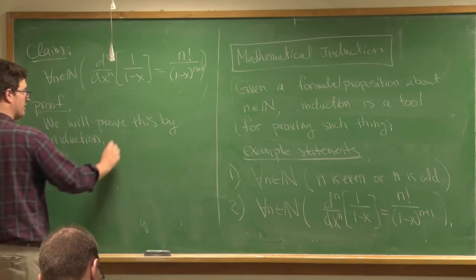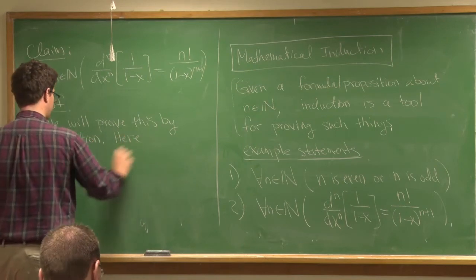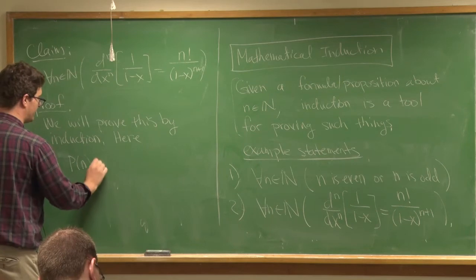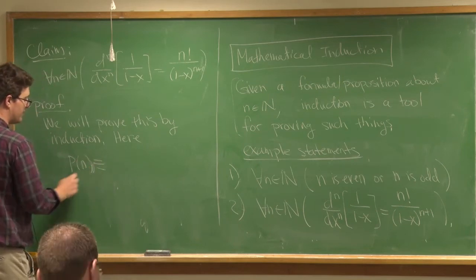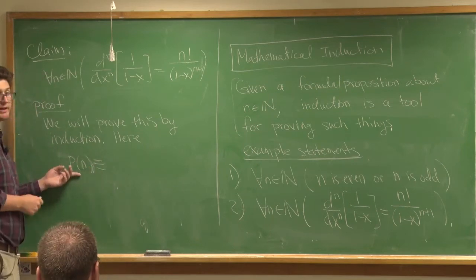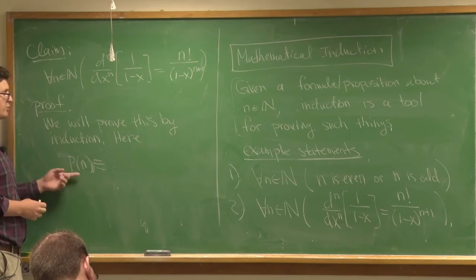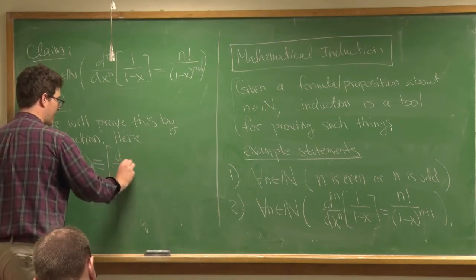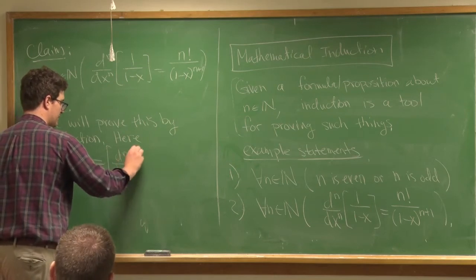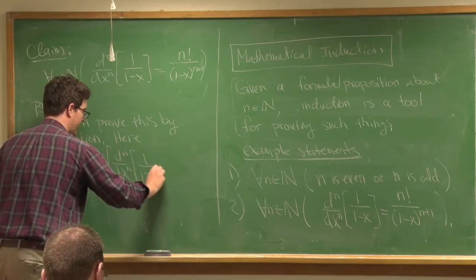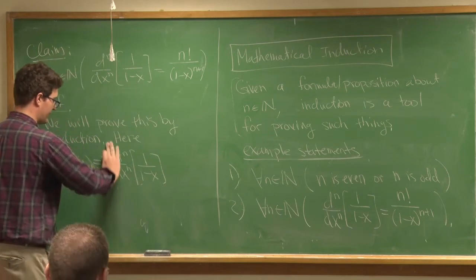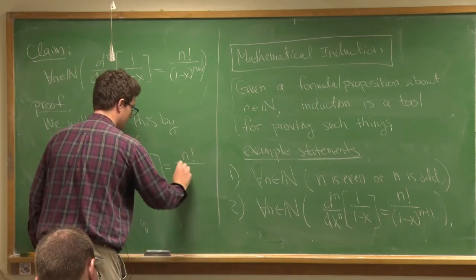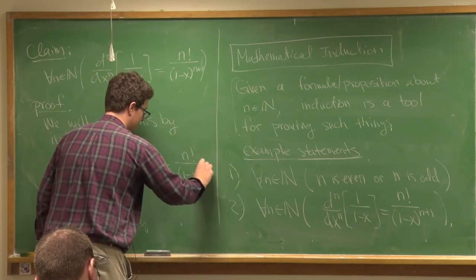OK, so here, P of n is equal to the statement. Notice that P of n here is a mathematical formula. This is a predicate, and it returns true or false. The statement here is that the nth derivative of 1 over 1 minus x is equal to n factorial over 1 minus x to the n plus 1.